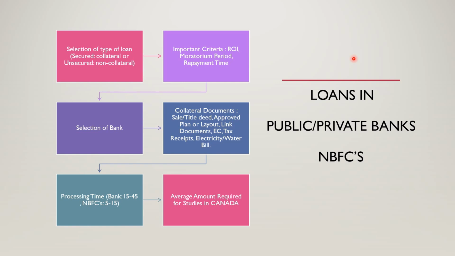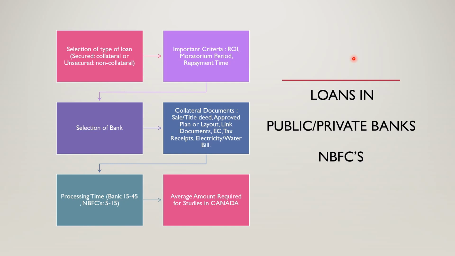So you will be needing the approved plan or layout of the certain area. Let's say I'm from Hyderabad and I need a GHMC approved layout if I want to apply for the loan, and the link documents and the encumbrance certificate, tax receipts, electricity or water bills. These are all mandatory, guys, if you are applying for collateral like secured loans.